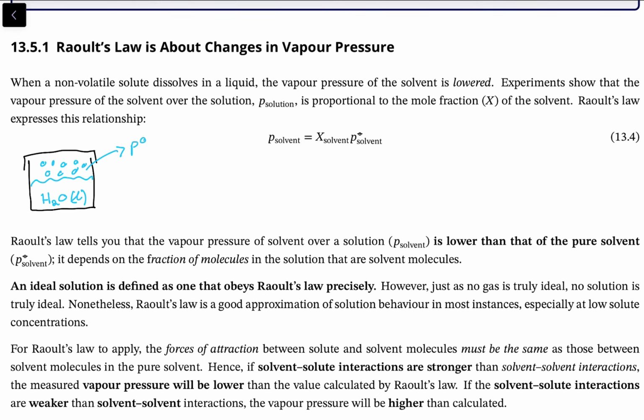So let's call it the vapor pressure of our solvent, because the water is going to act as a solvent for what we're going to do in a moment. And to this, we then add a solute.